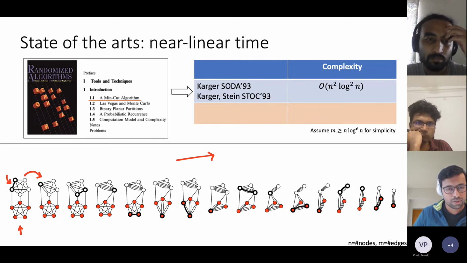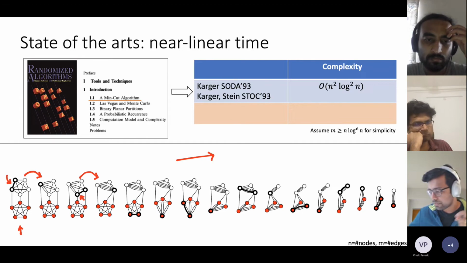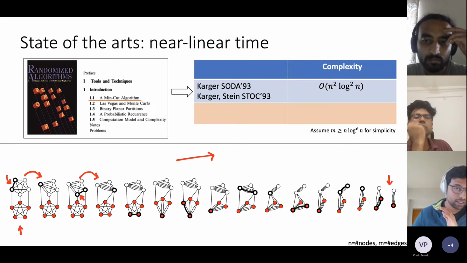Then in this graph, you pick another edge uniformly at random and contract it. You keep on doing it until you are left with a contracted graph which has only 2 vertices left, and you output the number of edges between these 2 vertices. That is the algorithm.